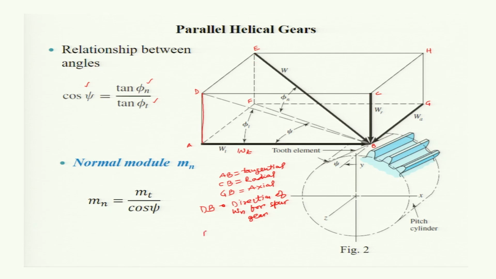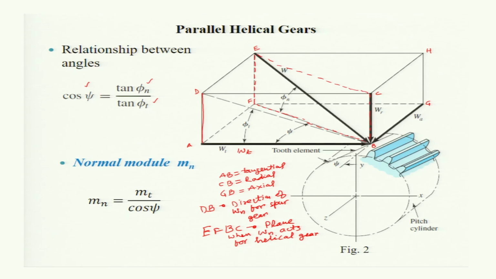EFBC. BC is the plane where normal load Wn acts for helical gear. Okay, so this is the plane.